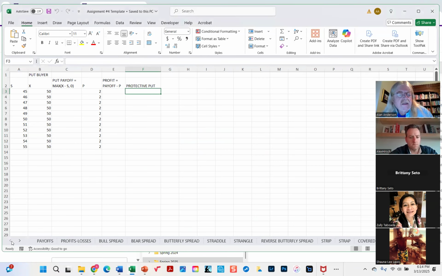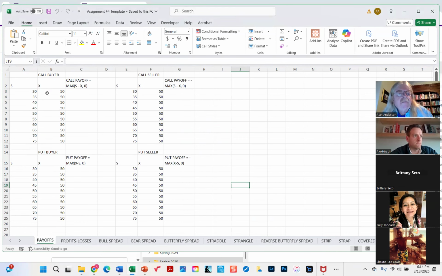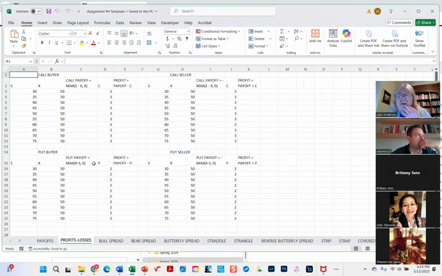But what you're seeing here is an option with a specific label telling you whether it's a call or a put, whether you're buying it or selling it, and it gives you the strike price. And S is the different possible stock prices on the date that it matures. Then you're filling in the payoffs, and here we'll have the profits and losses.